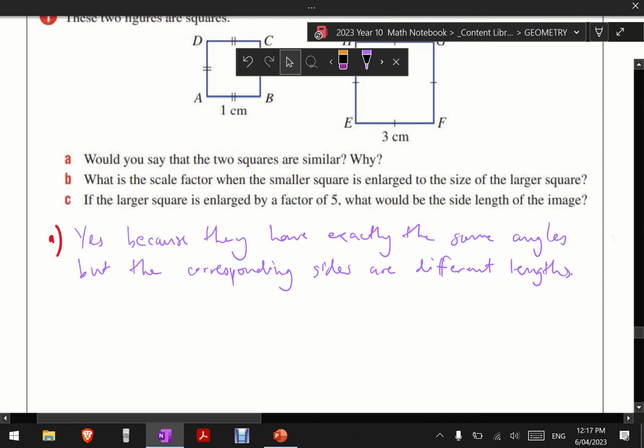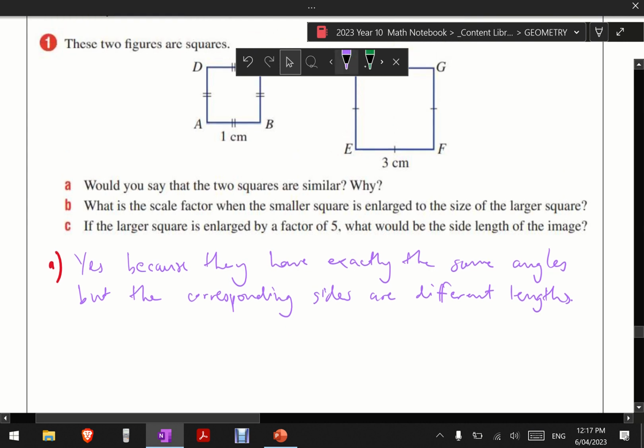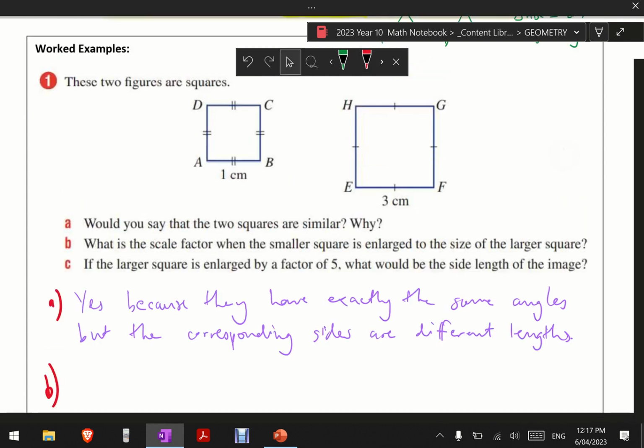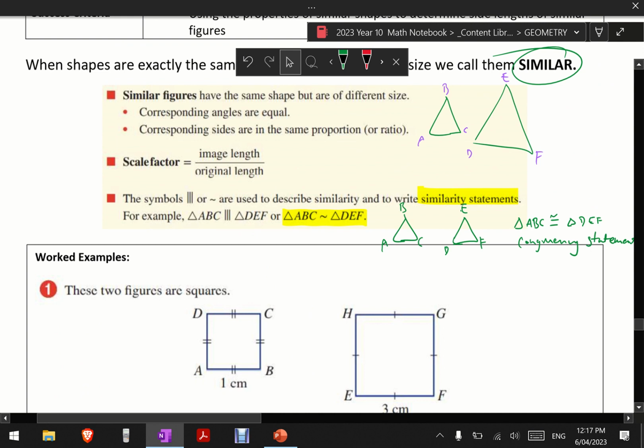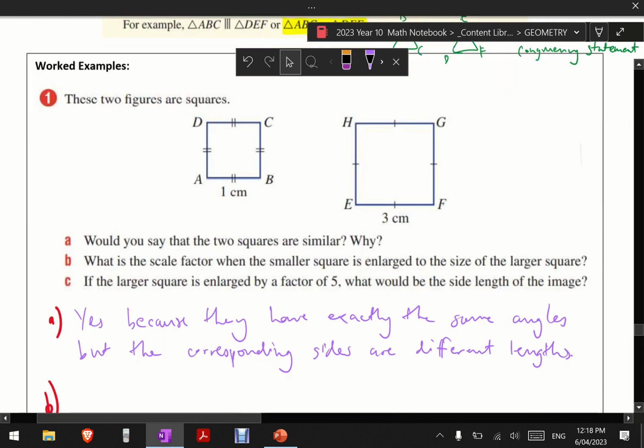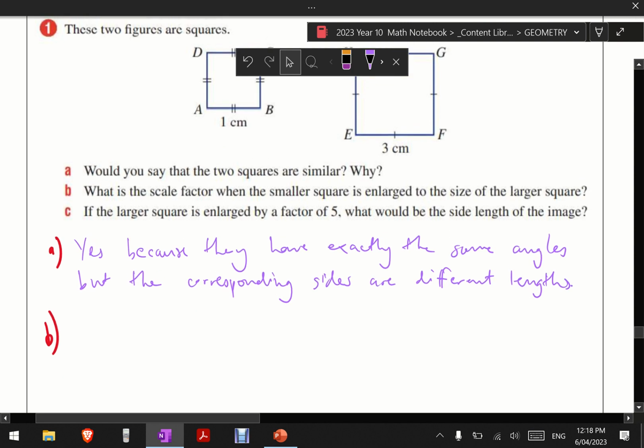Question B, what is the scale factor that the smaller square is enlarged to the size of the larger square? Part B is where we have to use the scale factor formula. It's actually not too bad. You can use this as a guideline, but what I like to do is look at the question. It asks for the scale factor of the smaller square enlarged to the larger square.